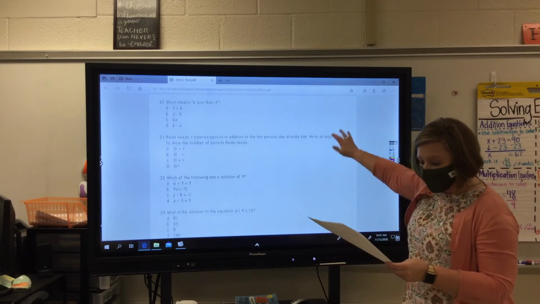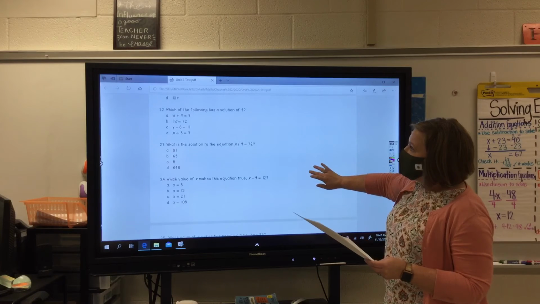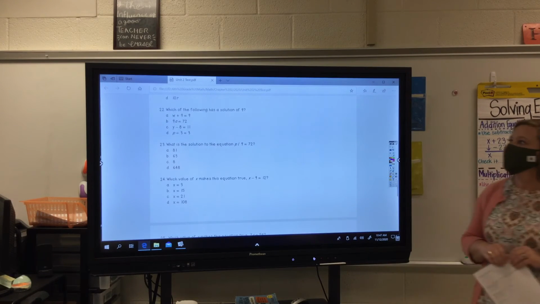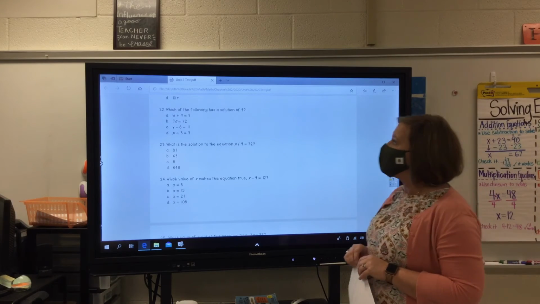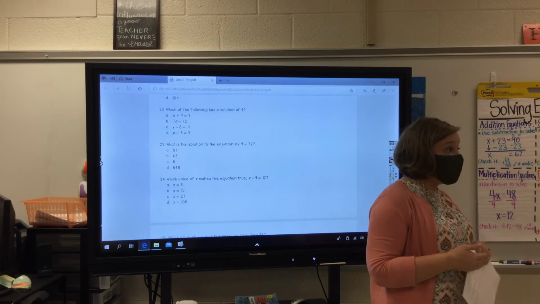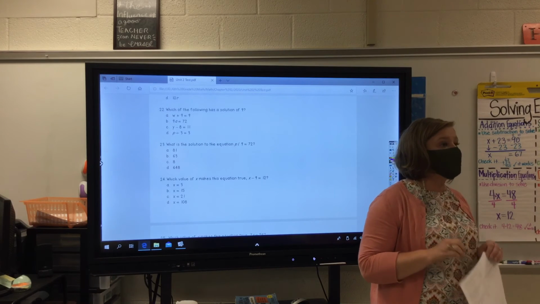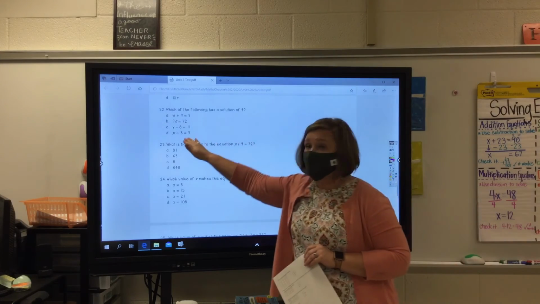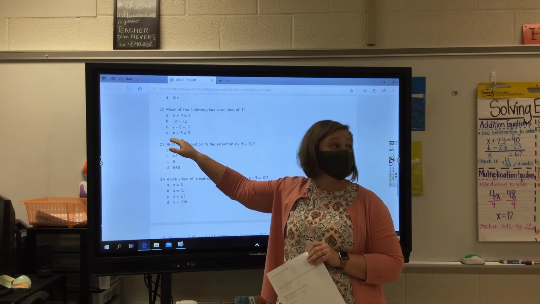Number 22. Well, let me talk about 22 first. 22 says, which of the following has a solution of 9? That means if you plug in 9 for the variable, does it make it true? Okay? So are you going to have to show your work here? Yes.